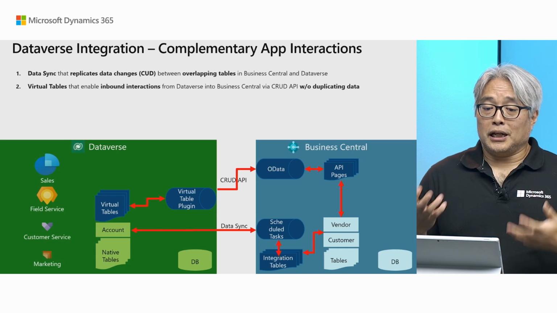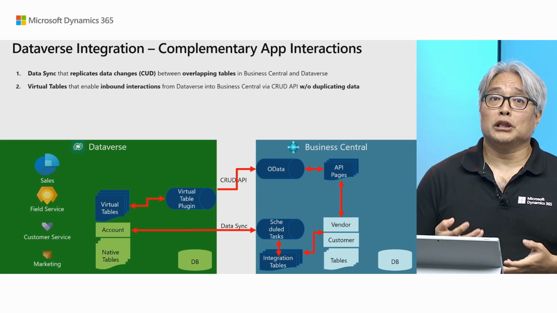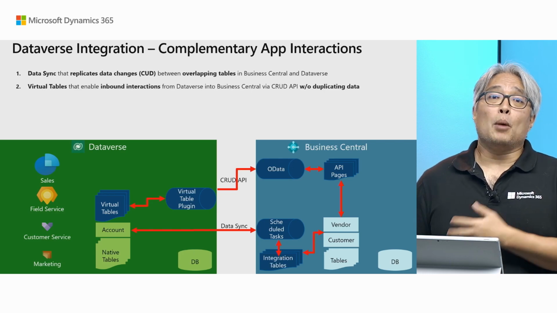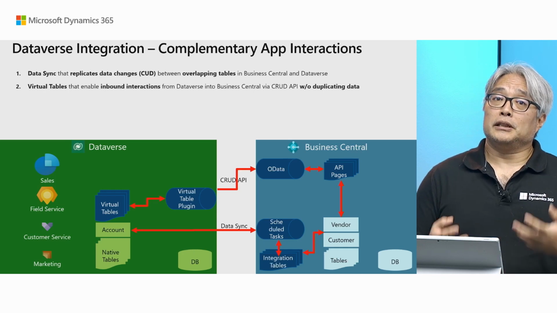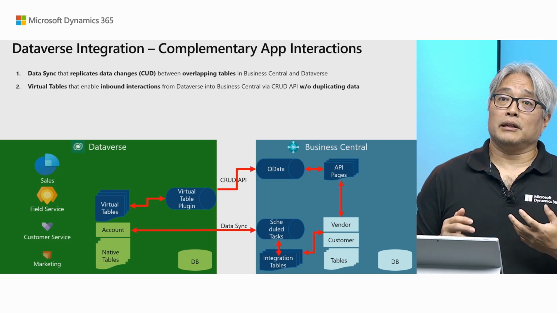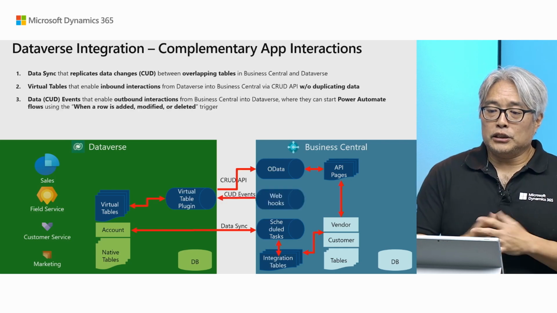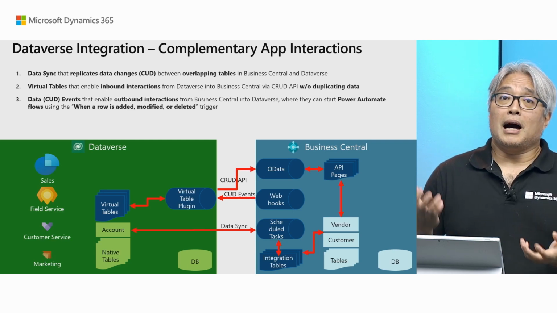So essentially, you can use data sync and virtual tables complementary to each other. If you have a big read-only table, you don't really need to sync and copy all the data into Dataverse. You can actually just use a virtual table, such that Dataverse can read that data from Business Central without duplicating it. The third interaction type is what we call data cut events that enable outbound interaction.